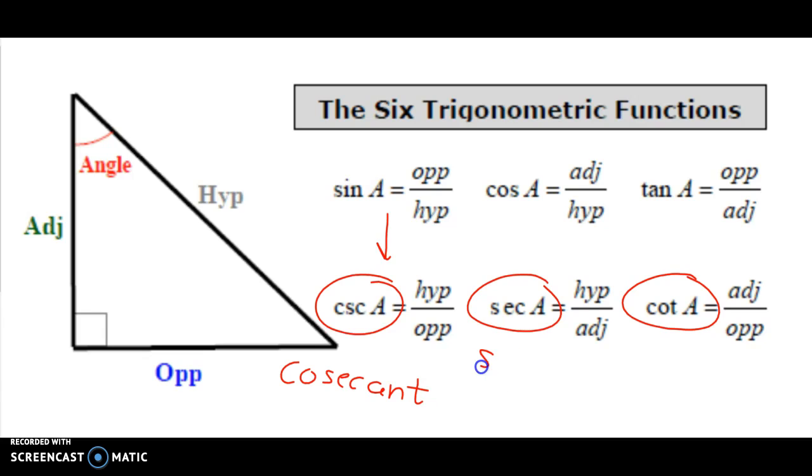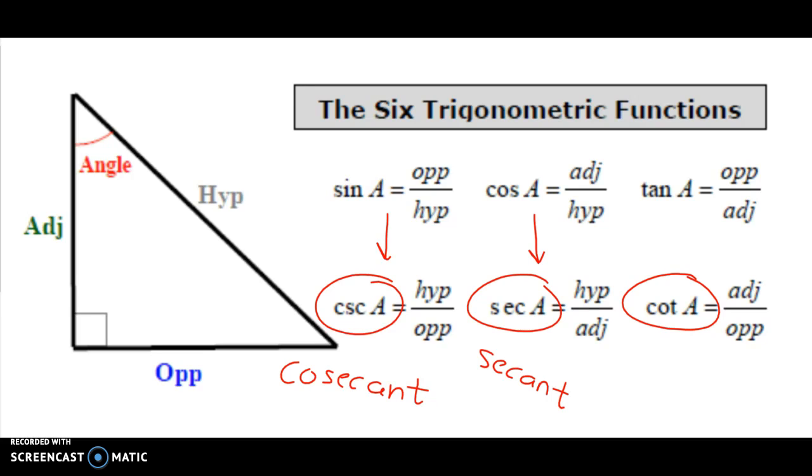SEC is secant. And what do you notice about cosine and secant? They're reciprocals, so they kind of go together. If you know cosine is 3 over 4, what's secant? 4 over 3. It's just upside down, right? So really easy.